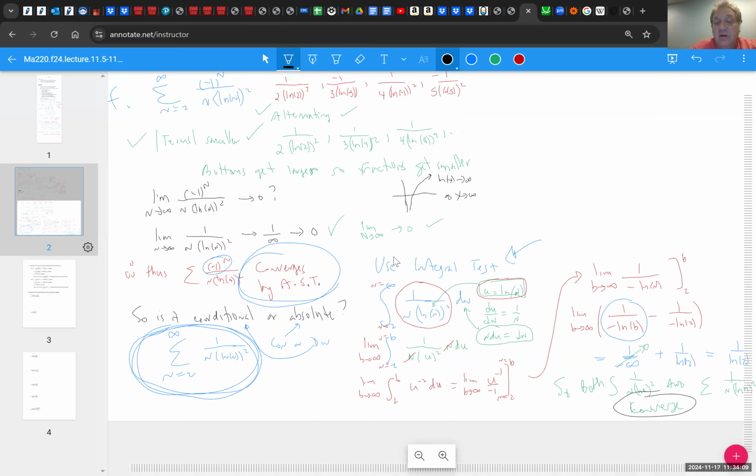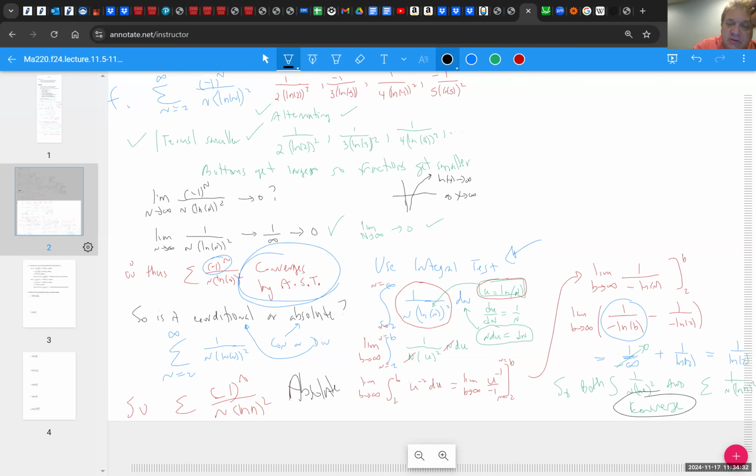So therefore, the original series, so I'll write it here, I've got to get rid of the circle thing. The original series, negative 1 to the n over n ln n squared, absolutely converges.